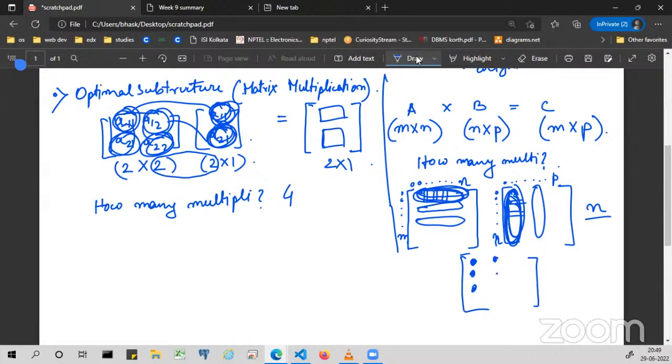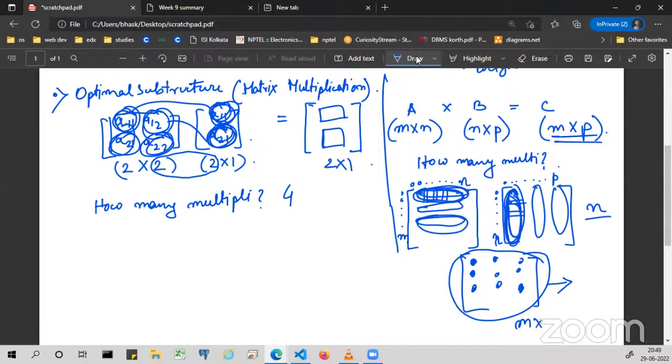The total number of elements over here. Because for each element, I am taking one row from this matrix and one column from this matrix, multiplying them and putting the result over here. So how many elements would I have in this whole matrix? What is the dimension of this matrix? M cross P, right? So if M cross P is the dimension, we have MP elements.